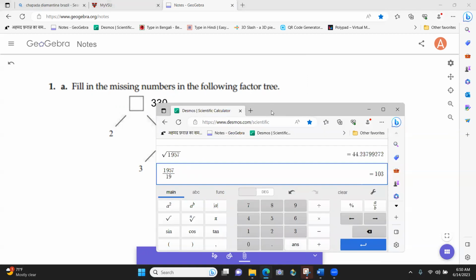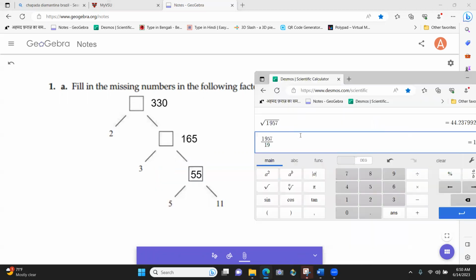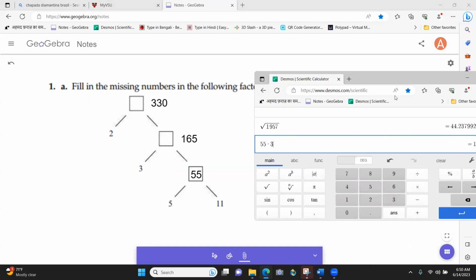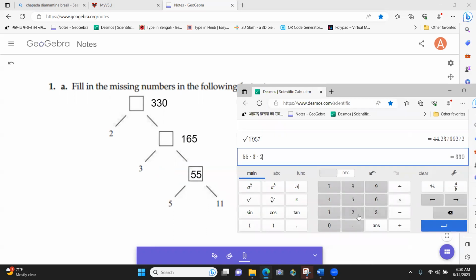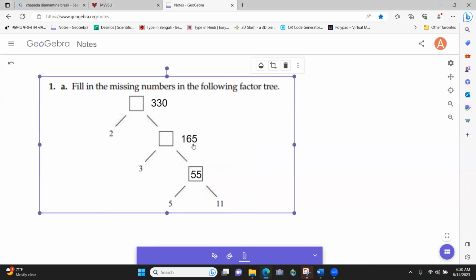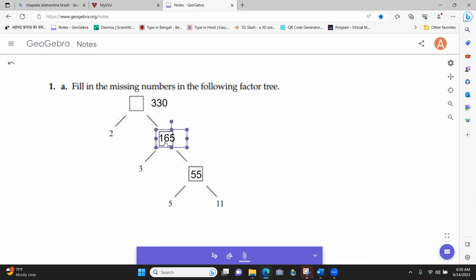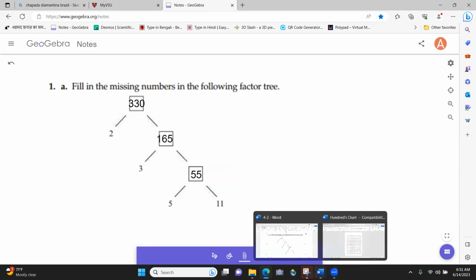I'm very confident. And 55 times 3 is 165. That's also good news. Times 2 is 330. Yeah, so I have all the blanks taken care of. So that's how you do this one. This is also relatively easy.